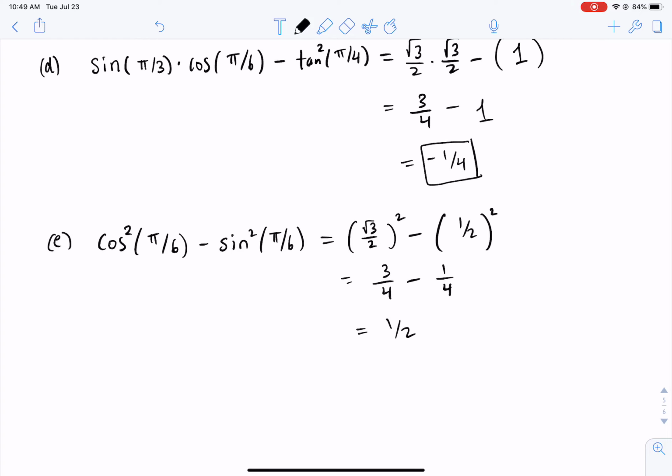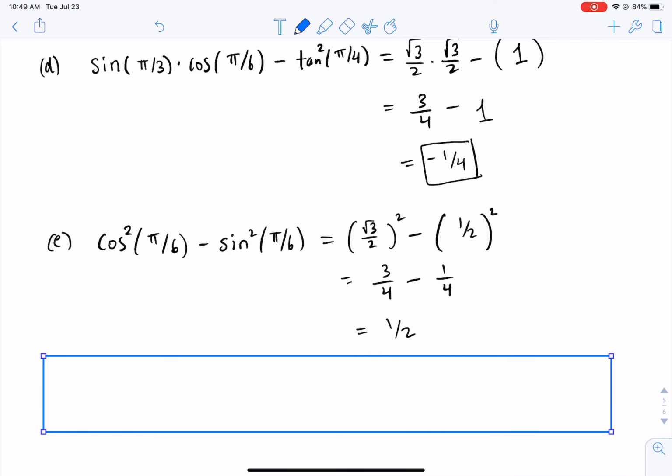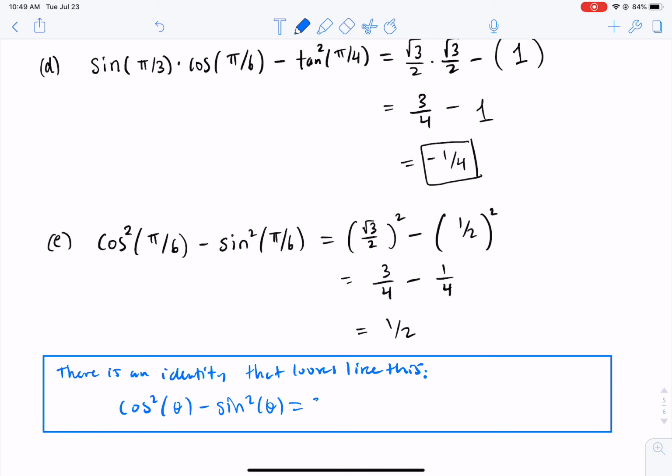So the identity for this one is this one. But again, you're not supposed to remember this, not until you go to 195, unless the book says it. There is an identity that looks like this. We say that cosine squared of theta minus sine squared of theta will equal sine 2 theta.